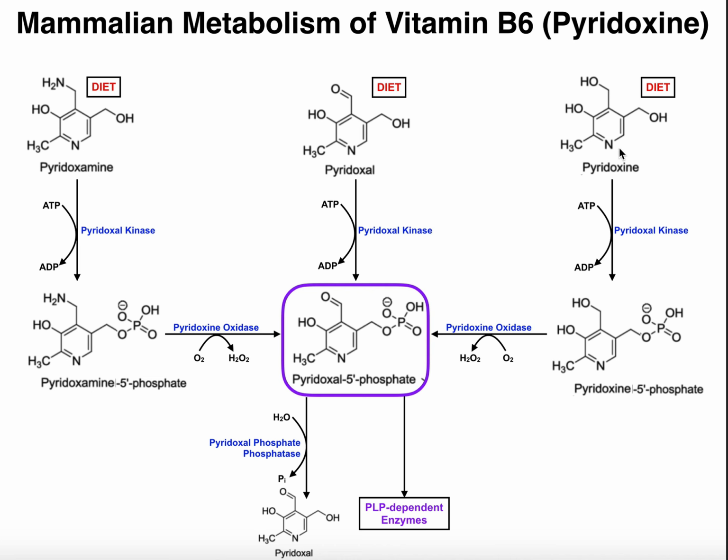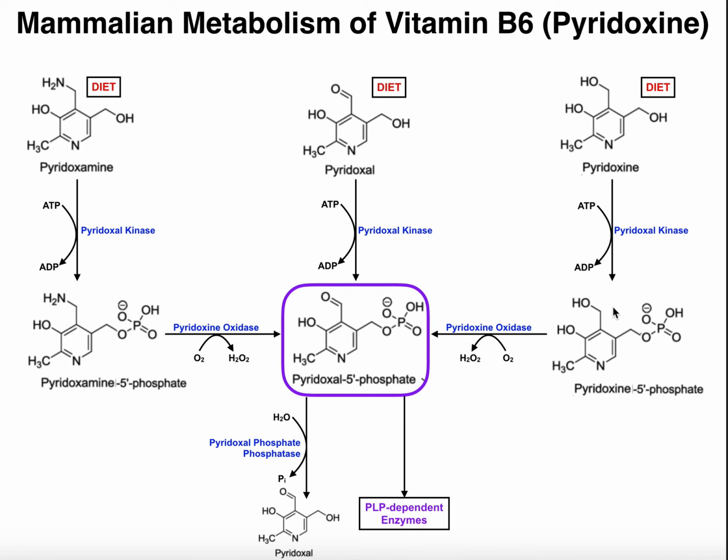So here we have pyridoxine. How do we get that and convert it into PLP? Pyridoxine is going to react with an enzyme called pyridoxal kinase. Pyridoxal kinase is going to phosphorylate this hydroxyl group over here on the right side of the molecule using the phosphate from ATP. As you can see right here, that's going to generate this molecule called pyridoxine 5' phosphate.